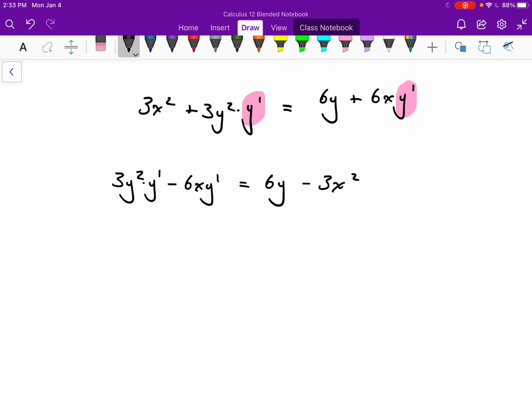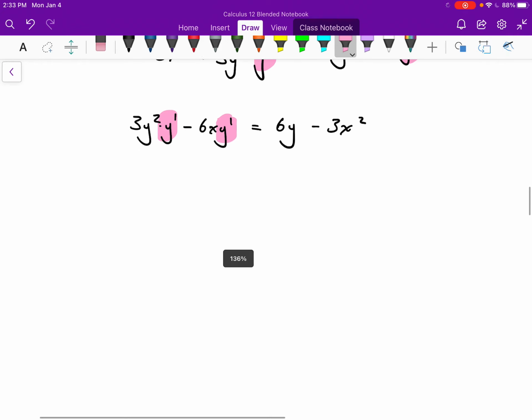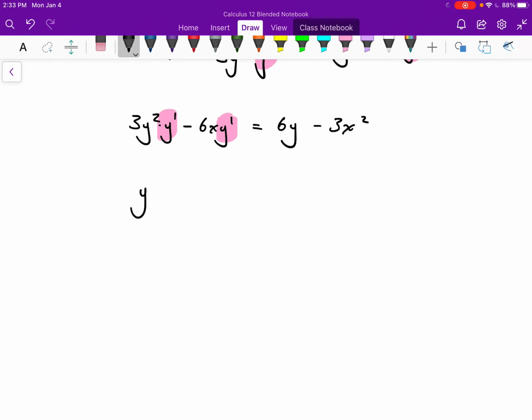All right, so next, each of these terms on the left has a y prime. So I'm going to factor that out. And now if I divide both sides by 3y squared minus 6x, I have y prime isolated.